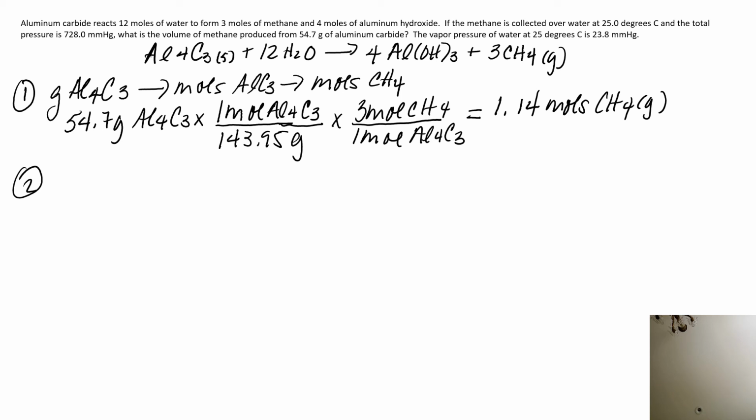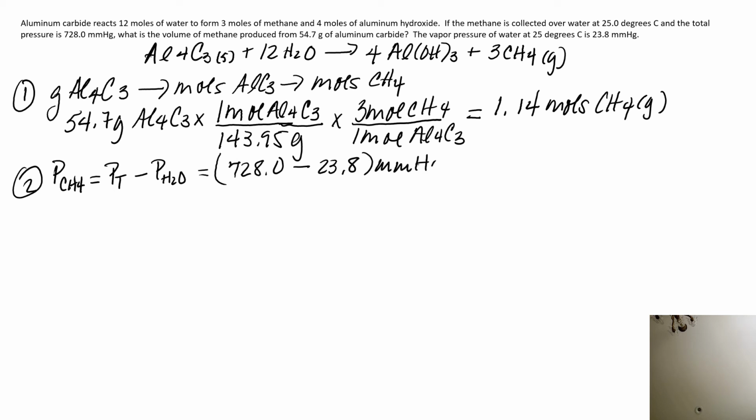So before we can use PV equals nRT, we need to determine the pressure of methane. So P of CH4 equals P total minus P of H2O, because this gas is collected over water. And we were given the total pressure of 728 millimeters of mercury, the vapor pressure of water at 25 degrees Celsius, and these are in millimeters of mercury.